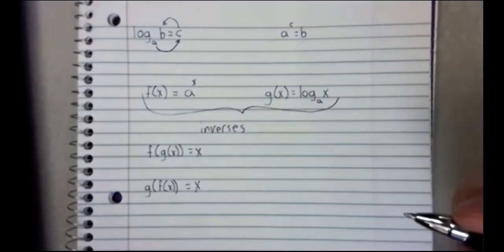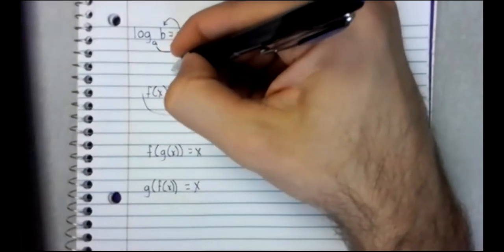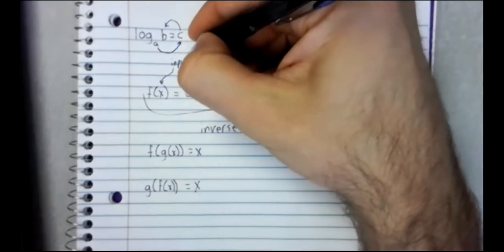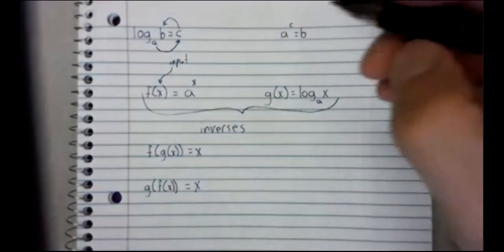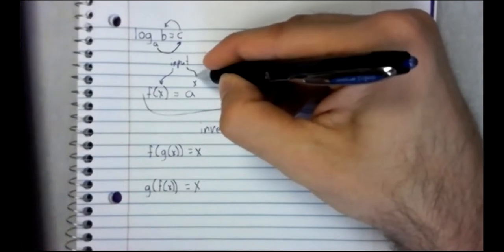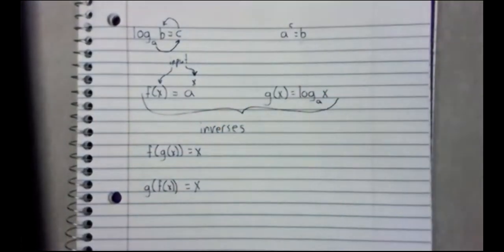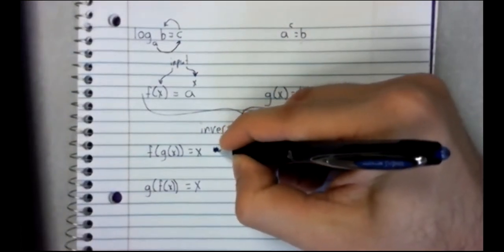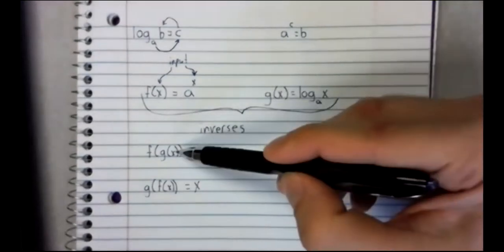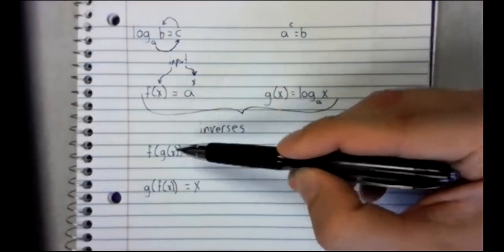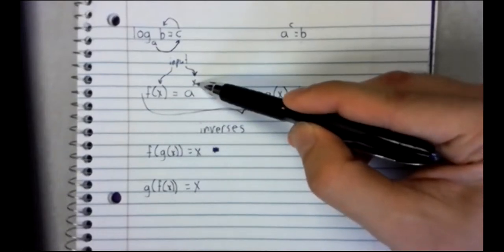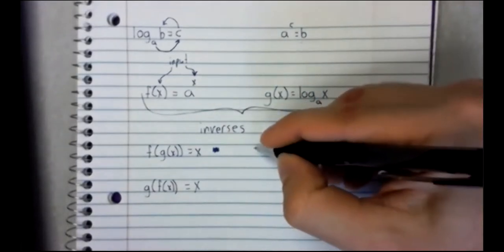F of g of x, well, we go to f, and we see the input on the left, and the same input on the right. So if we're replacing the input on the left with g of x, we need to replace the input on the right with g of x.